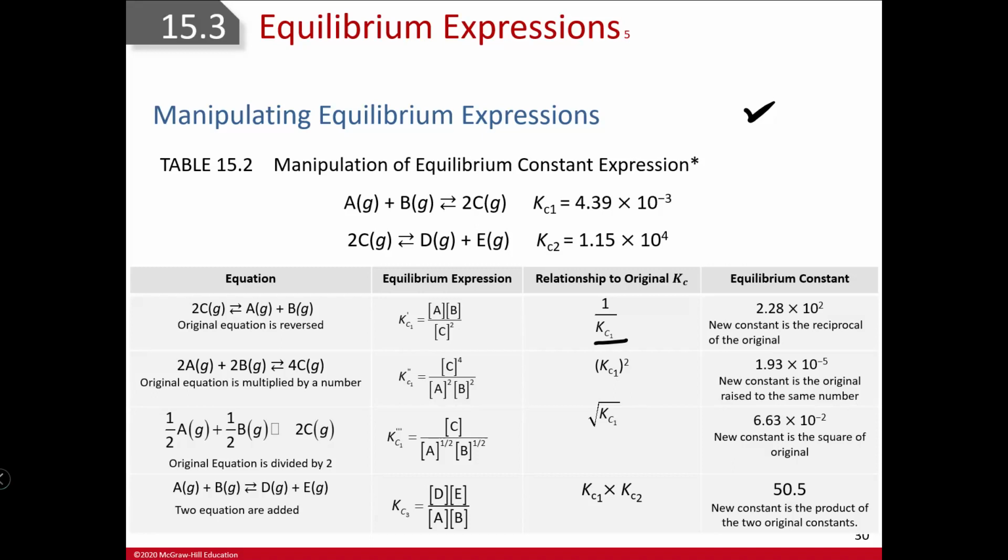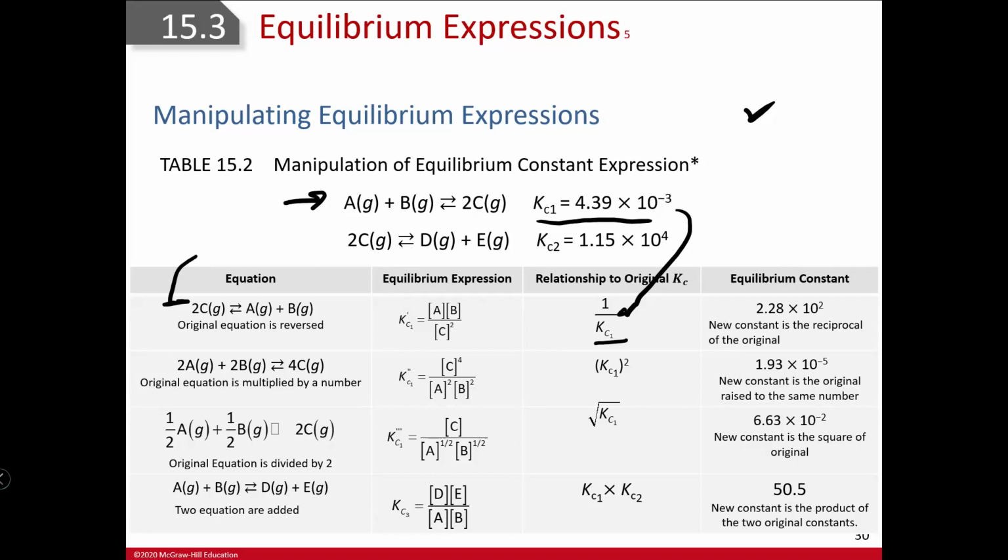If I reverse it, all right, the reciprocal. So looking at this reaction here, if I reverse the reaction to this, then the equilibrium constant for this reversed reaction is the reciprocal of this equilibrium constant.